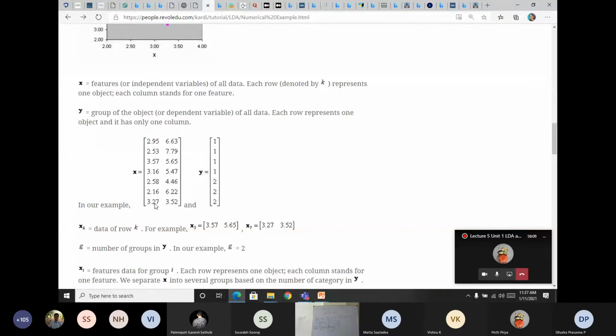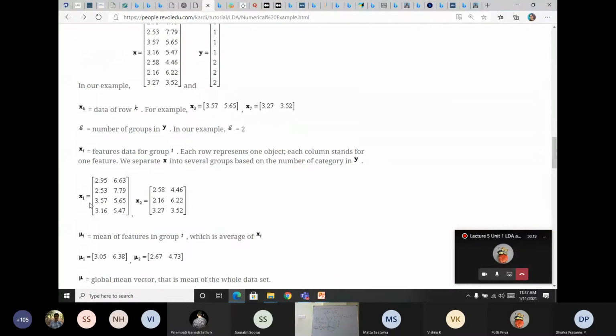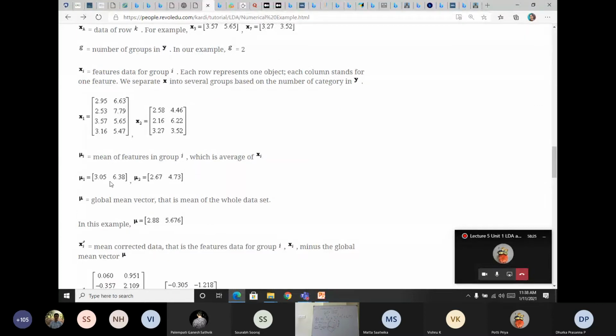So mean for the pass category, mean for the fail category, and the global mean. That is mentioned here. X1 is this set of rows, X2 is this set of rows. So mean 1 is for the pass category, mean 2 is for the fail category, and the global mean is this. This is for all the 7 records.